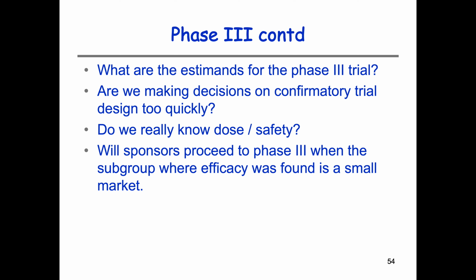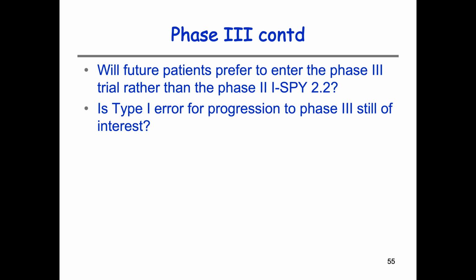And again, will the sponsors proceed to phase 3 when the subgroup where efficacy was found is a small market? Again, being big business, they might not want to go ahead if there are very few patients of that subtype out there. Will future patients prefer to enter the phase 3 trial rather than the phase 2 I-SPY 2.2? So now we get future patients in a subtype, and there's a phase 3 trial going on.